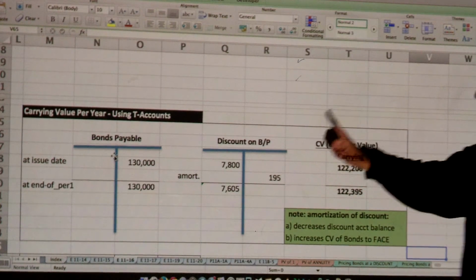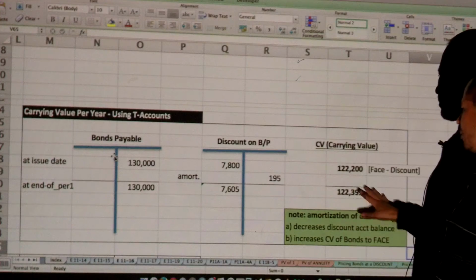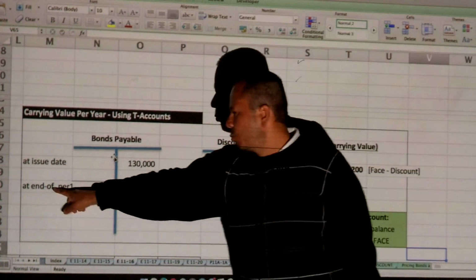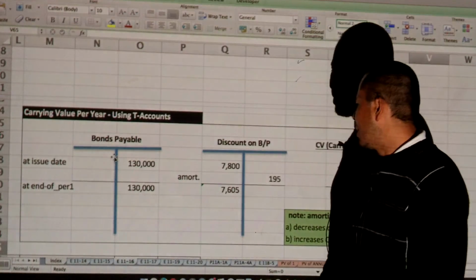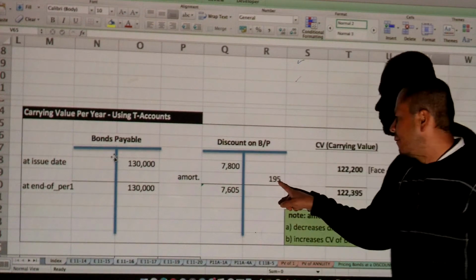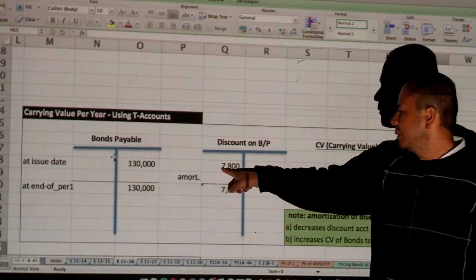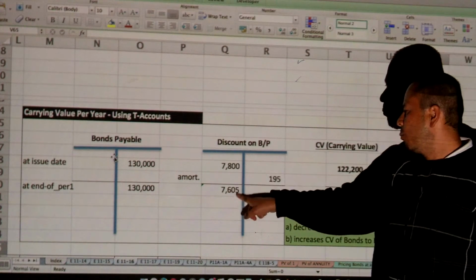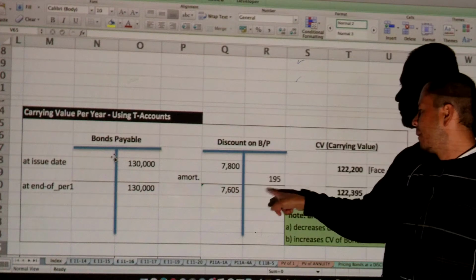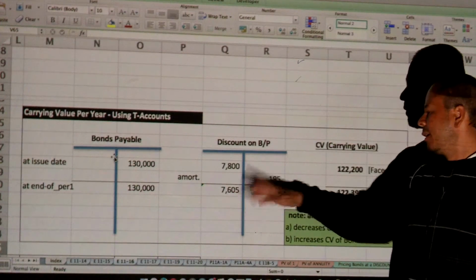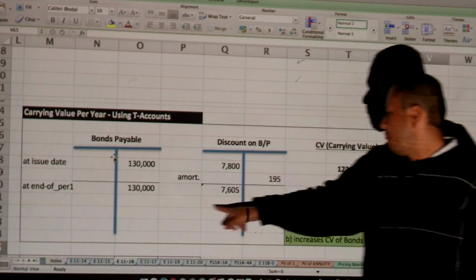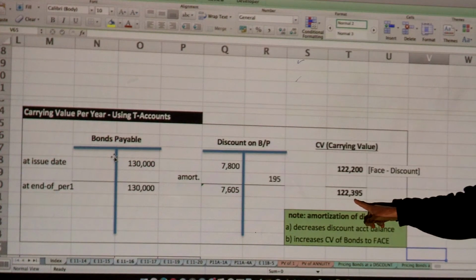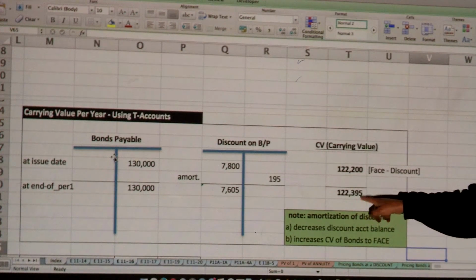Now, notice how this moves in terms of the carrying value after the amortization of the first period. So at the end of the year, 12/31, for these bonds, we amortize $195. So the discount balance, or the balance on this account, the discount on bonds payable, went down from $7,800 to $7,605. Given that, the $130 minus the $7,605 gives you a carrying value on these bonds of $122,395.